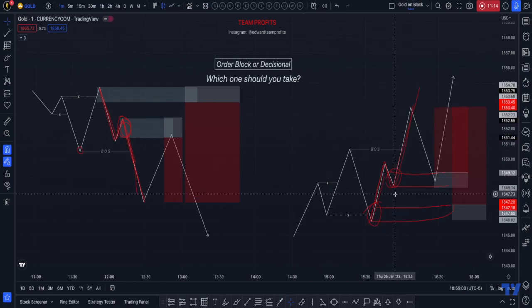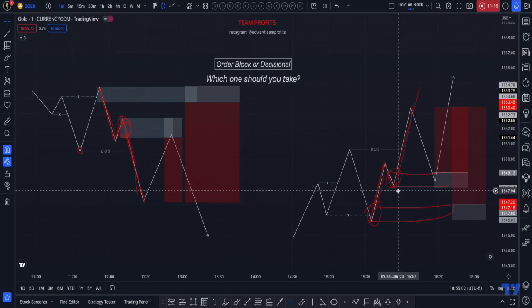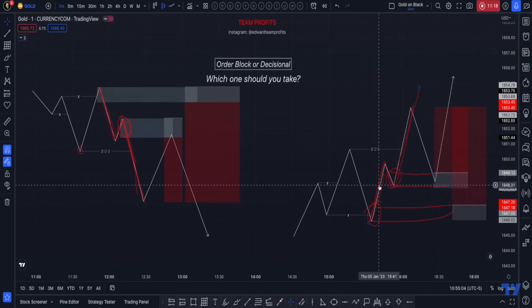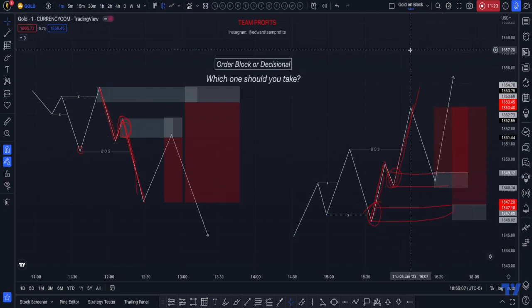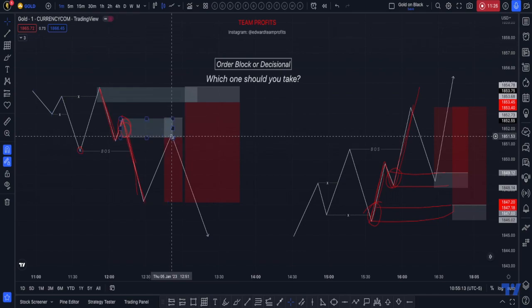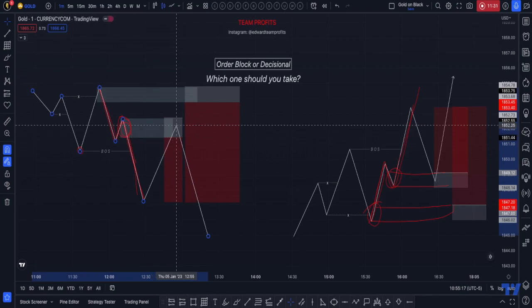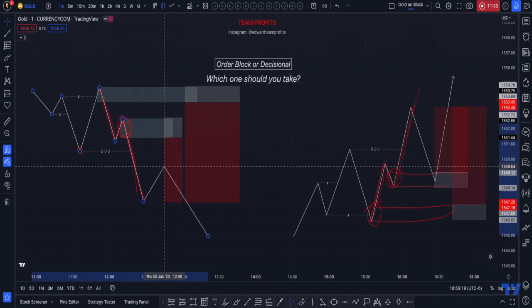It doesn't matter what zone you have marked up, how many confluences you have in your direction. The market is not always going to go in your direction, and you're not going to be able to guess all the time where the market is going to bounce. Is it going to react here, or here, or here?